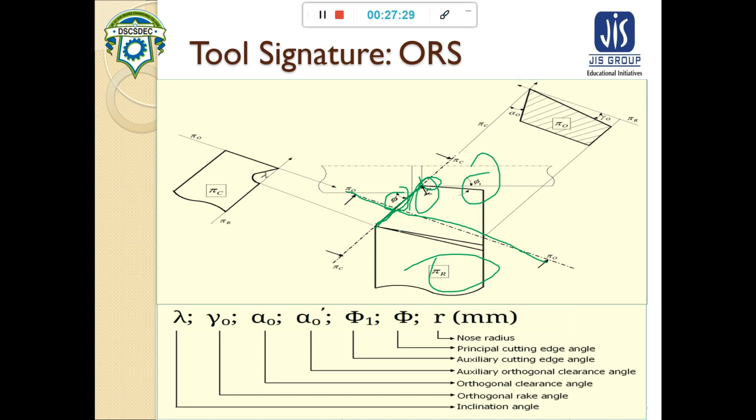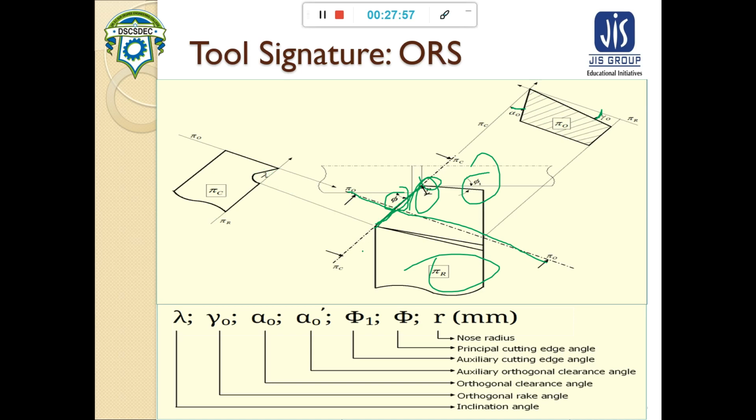Now in the orthogonal plane, we are cutting the workpiece from here and seeing it, and what we can see is the orthogonal rake angle, gamma 0, and the orthogonal clearance angle.